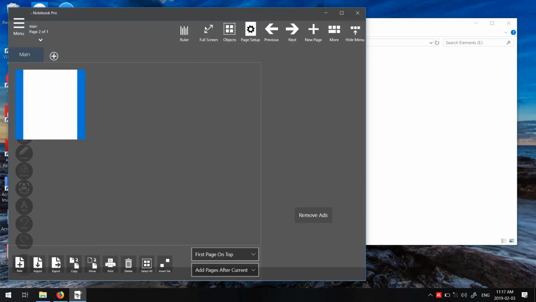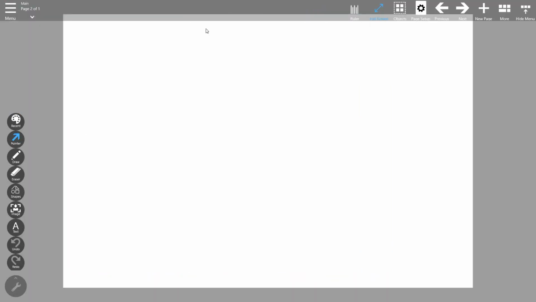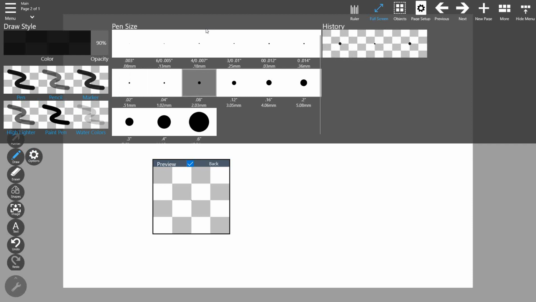So now we can go full screen, ready to start. This is a good size. I will ask you, if you cannot see the size, I will make a bigger size. But I think in the other class, this size was okay.